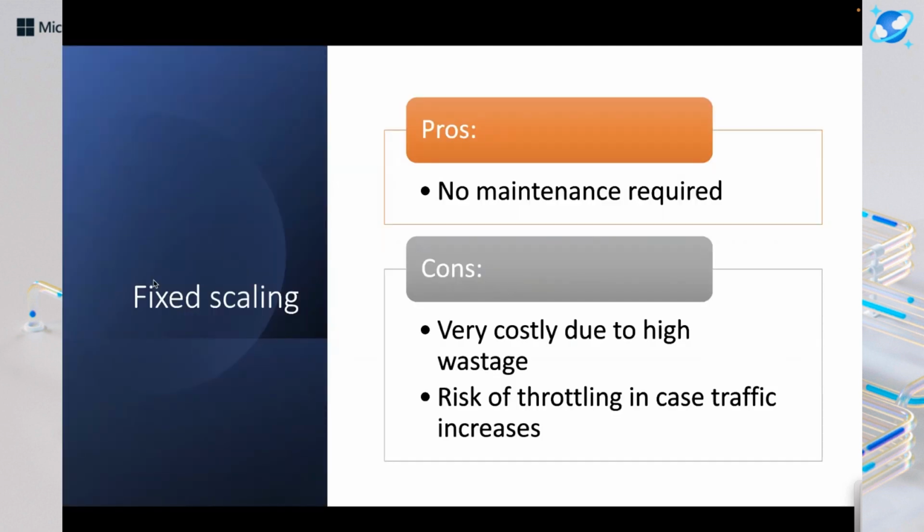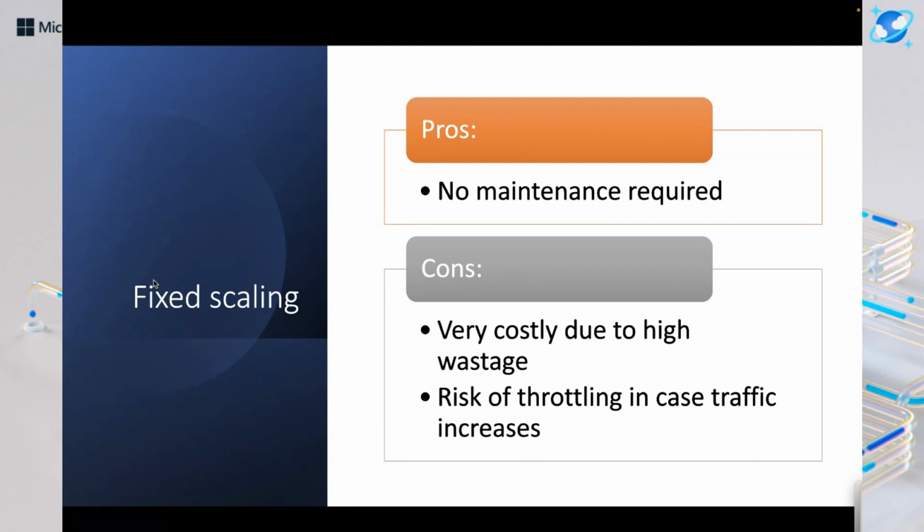But there is still an issue. Do you set the RUs based on your maximum usage? Based on the traffic pattern that I showed you earlier, if you set the RUs as per the maximum value, that will result in a lot of wastage, and a lot of wastage means a lot of cost also.